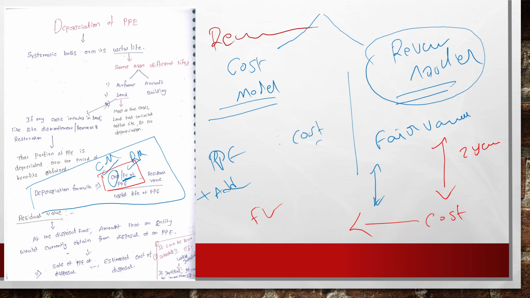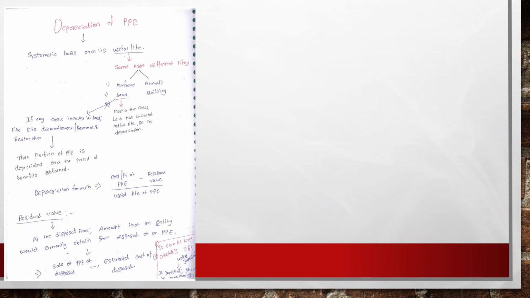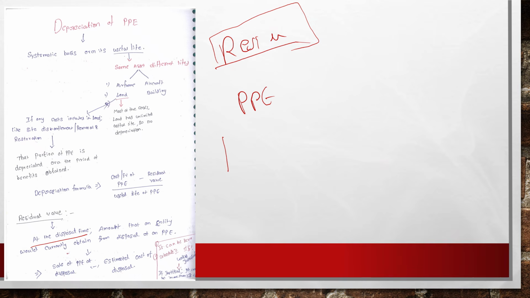And then residual value. What is the residual value? Residual value means an amount that the entity is able to recover at the time of disposal. Say suppose you have a PPE, a vehicle, say a car.